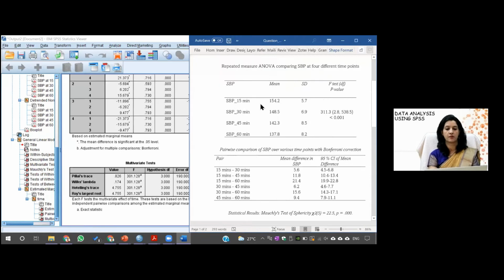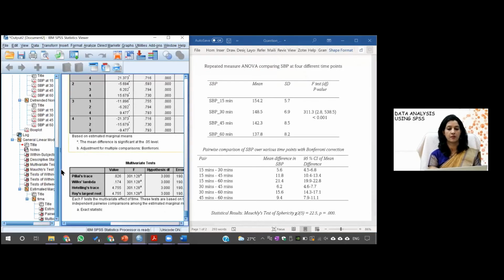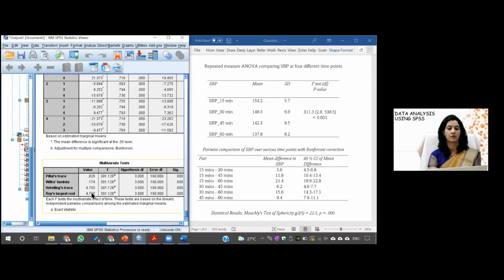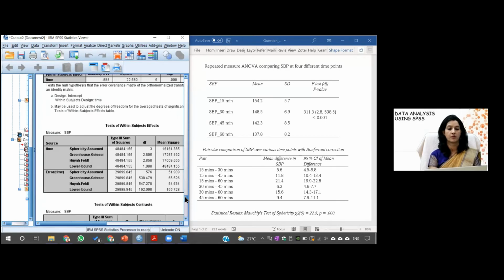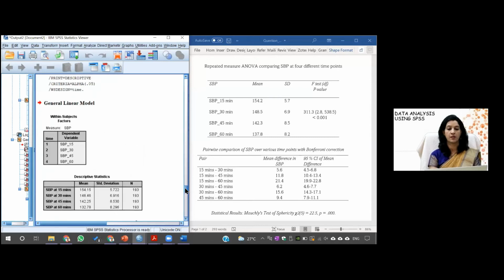You go here and you can see the mean values, the systolic blood pressure at 15, 30, 45 and 60, and then the standard deviation. This standard deviation I have taken from this.